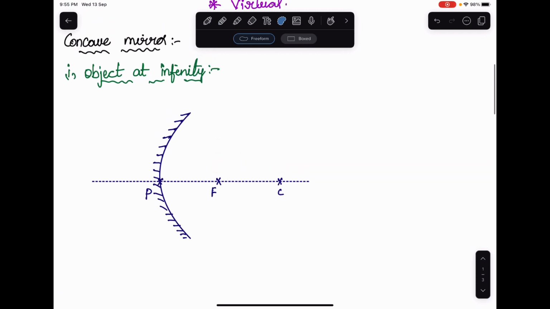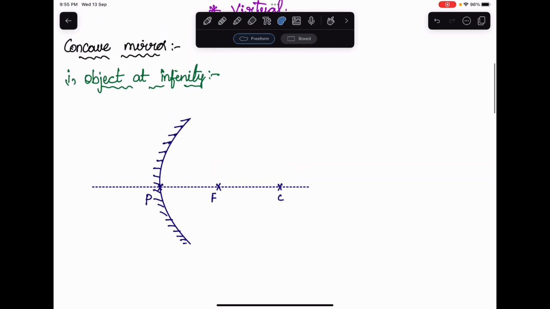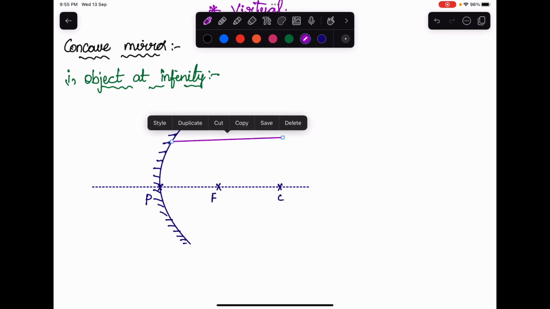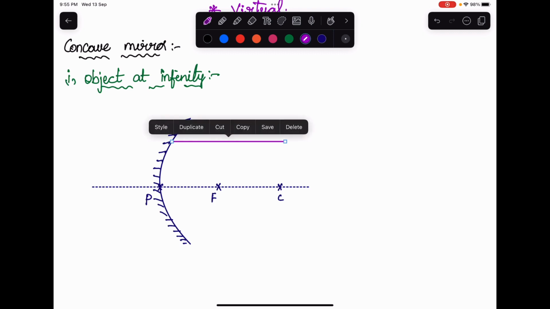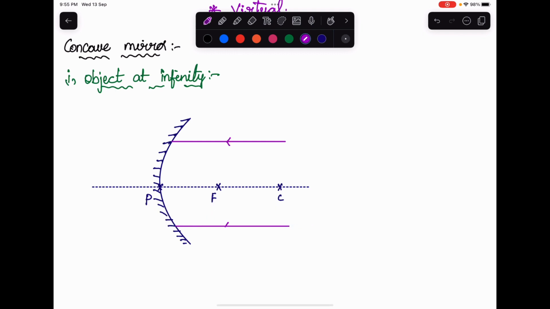Now see here, when an object is at infinity, we already know that the light rays will be coming parallel to each other, and that parallel beam is incident on this spherical mirror such that the rays are also parallel to the principal axis.